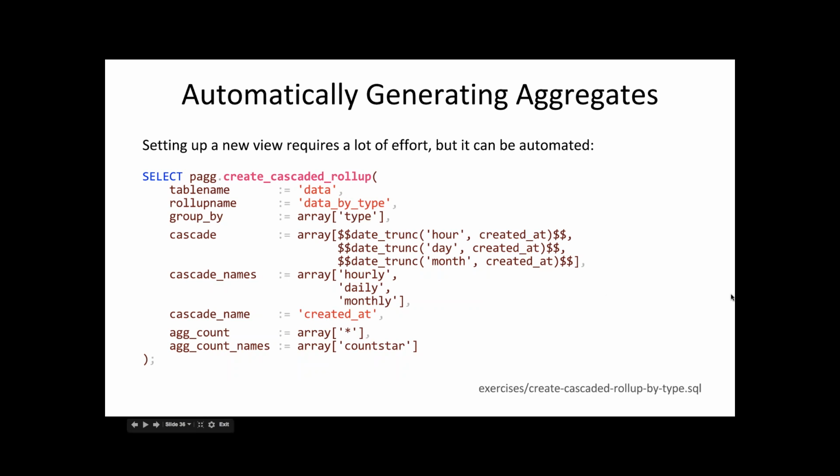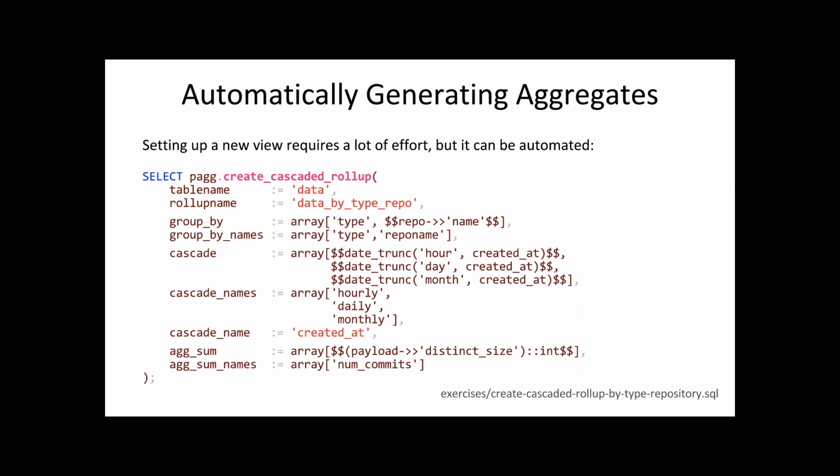So for every day, you can see how many events of a certain type there were. And here with agg count, you specify which statistic you want to compute. So in this case, you want to take a count star, and we'll call that column count star. So just the number of events.